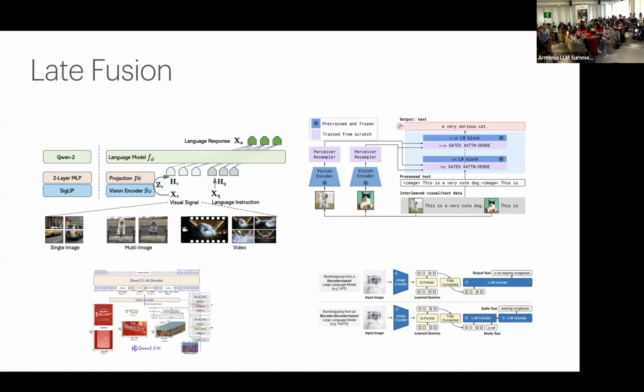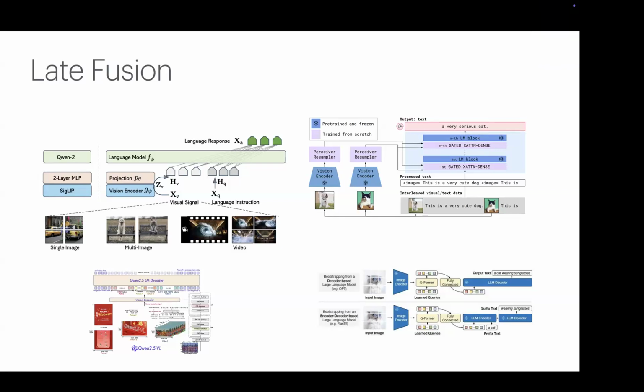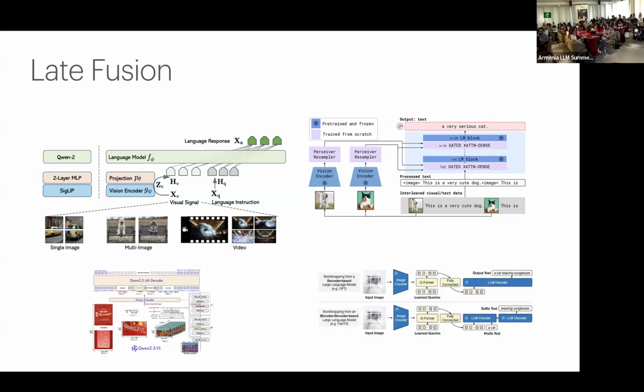But the main idea still stood, which is that very surprisingly, a text-only language model, when given the proper language of images, could actually reason over images surprisingly well. And by the way, we'll talk about alternative approaches to this, but there are still very modern VLMs that use these approaches.